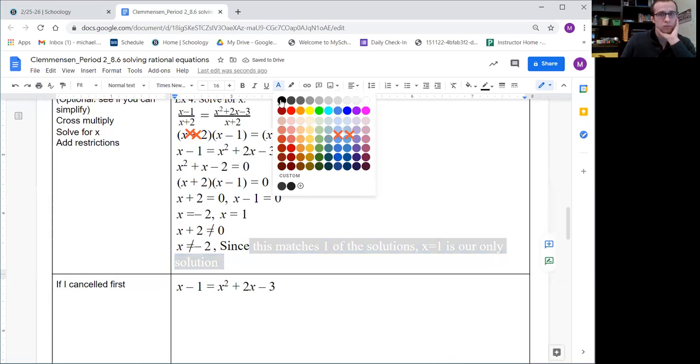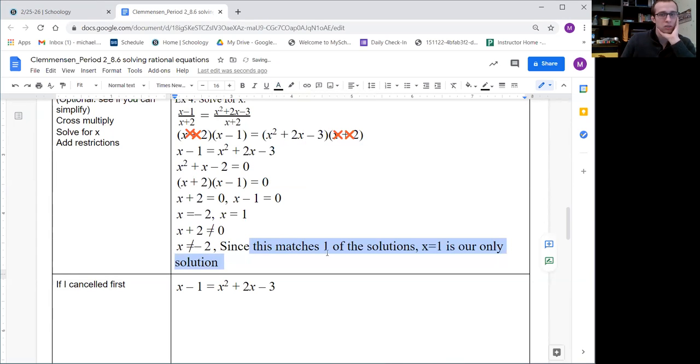Now, this matches one of the solutions. Since this matches one of the solutions, x equals 1 is our only solution. We had to get rid of this solution right here.